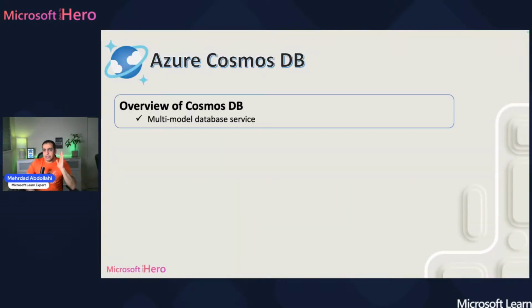Another service that we've got here was Azure Cosmos DB, which is a multi-model database service. What does it mean? Cosmos DB is a NoSQL one, right? And in Azure, it is providing us with the ability to create NoSQL databases from different vendors, different types of NoSQL databases like MongoDB, like Cassandra, and whatever is part of NoSQL.